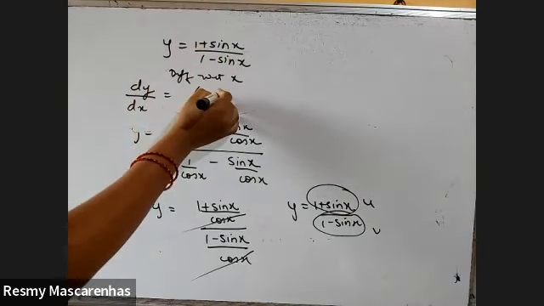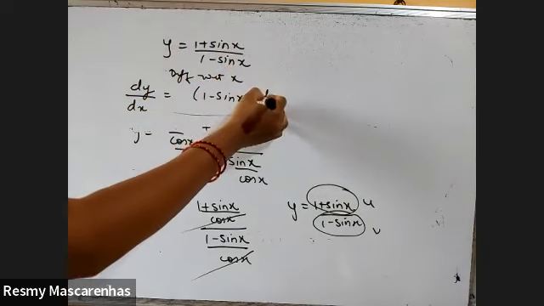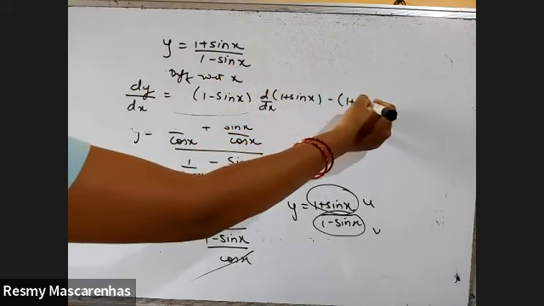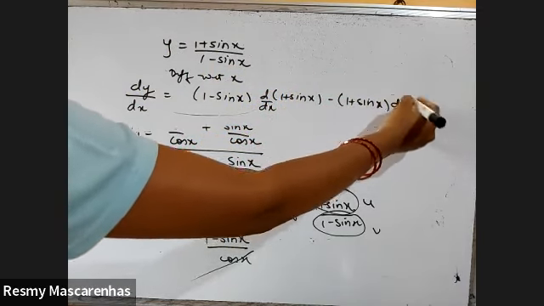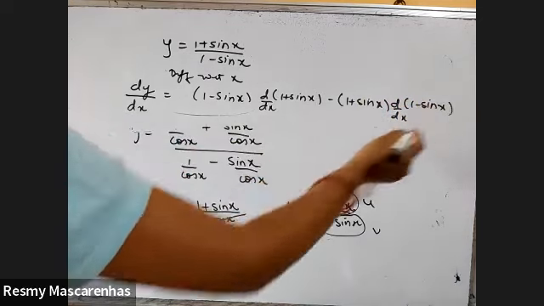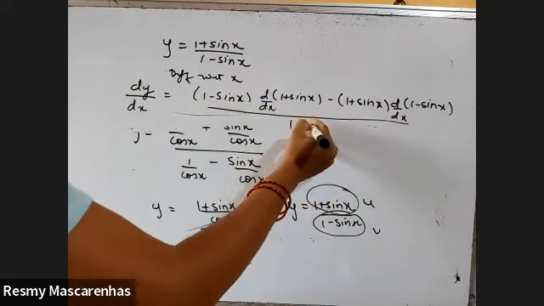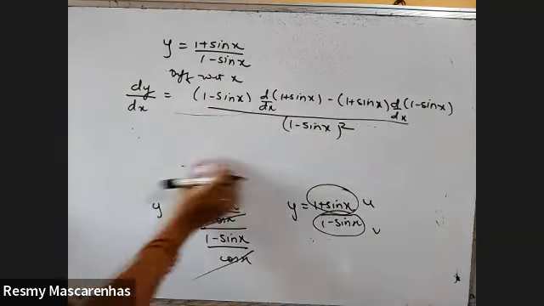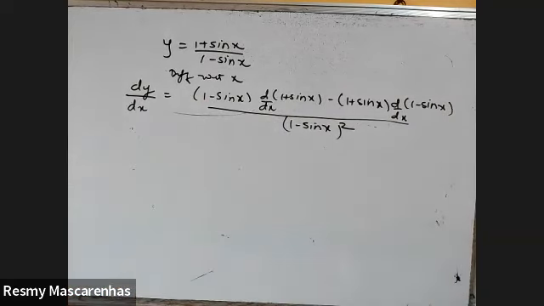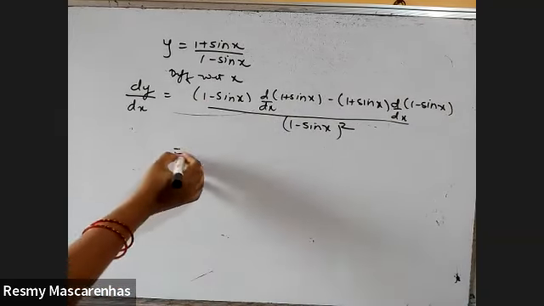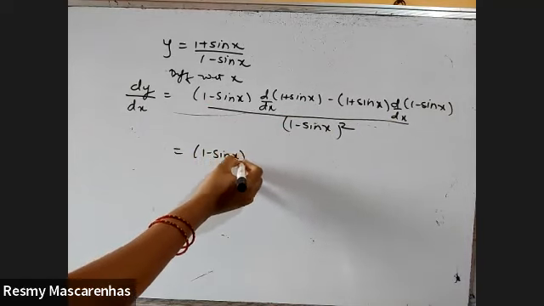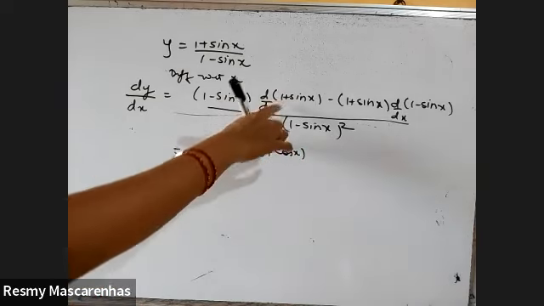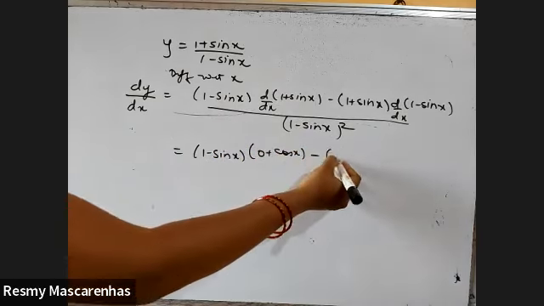V into derivative of u. Derivative of 1 is 0, derivative of sin x is cos x.